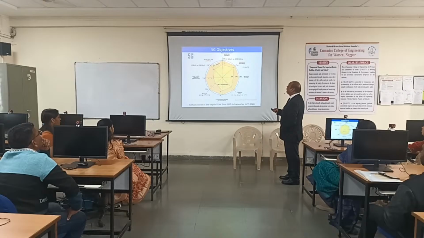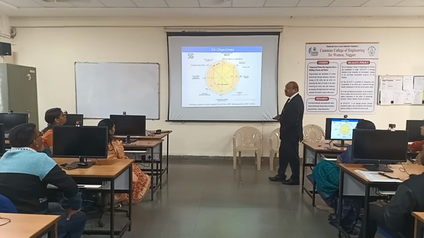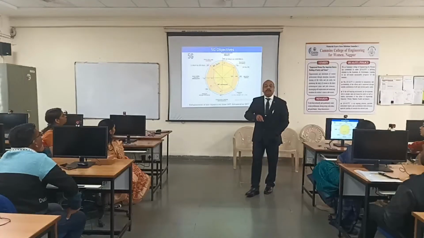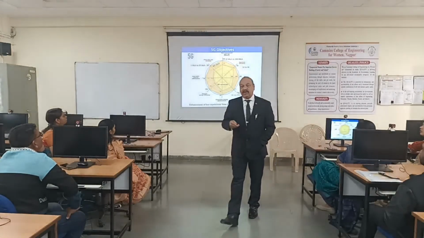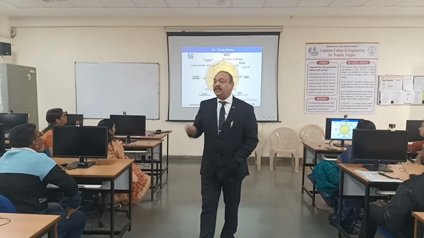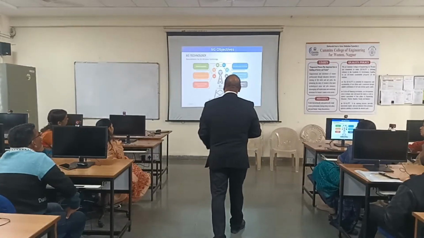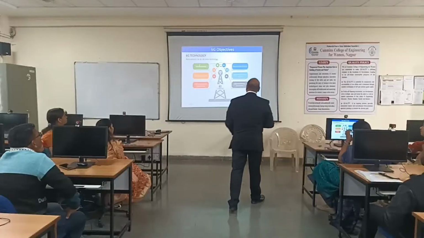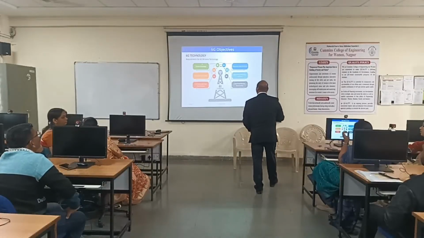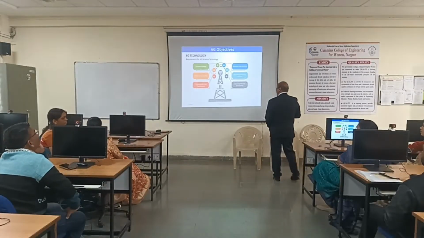And here is the peak data rate, 1 GB per second to 20 GB per second. These are the drastic changes we are getting from 4G to 5G. And for 6G, it reduces further. Okay, next.